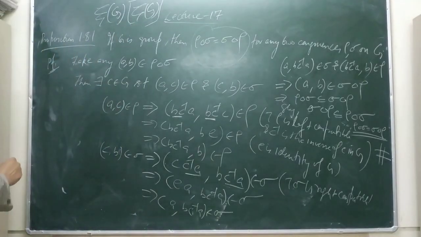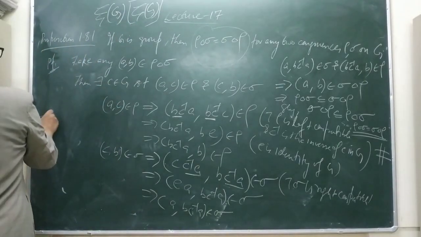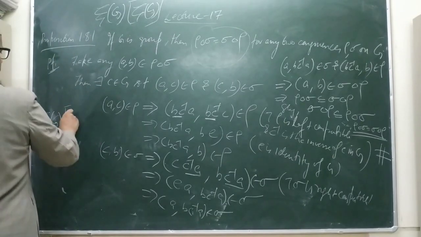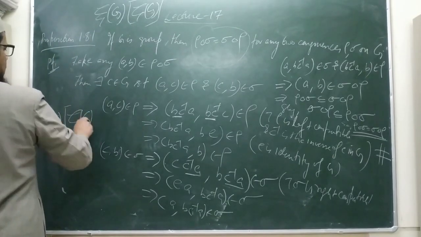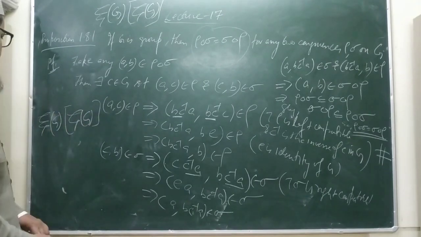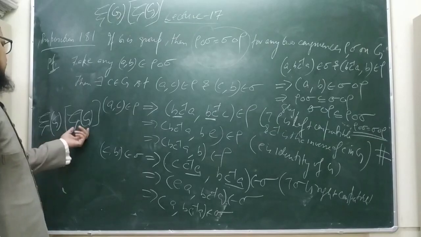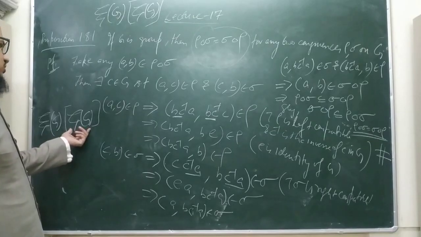Maybe it is not visible to all of you, so I am writing here. This is the lattice of all equivalences on a group. This is the lattice of all congruences on a group.